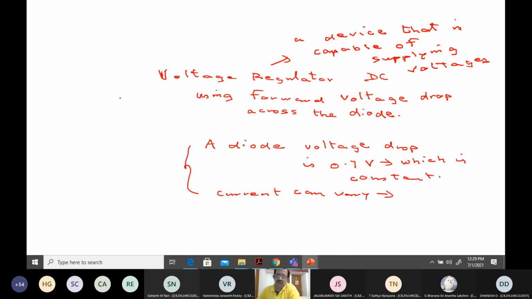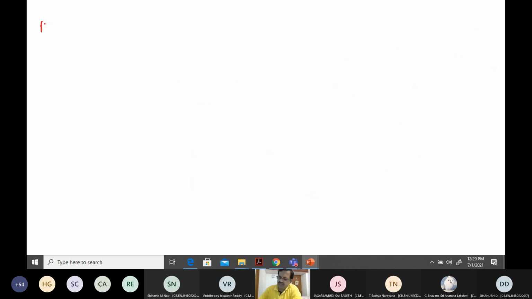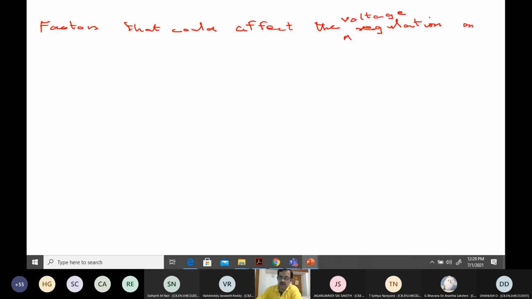Given that scenario, what are all the factors that could affect the regulation of voltage, or voltage line regulation?